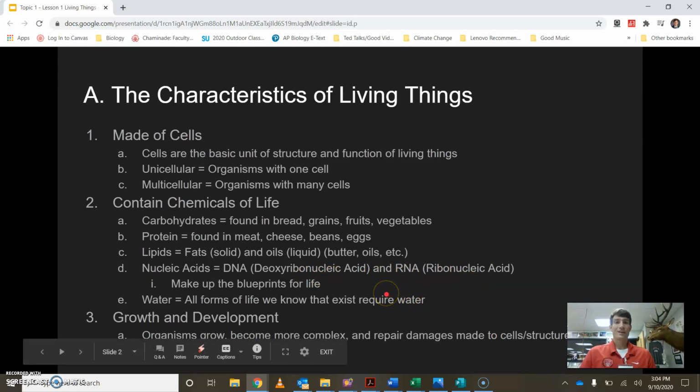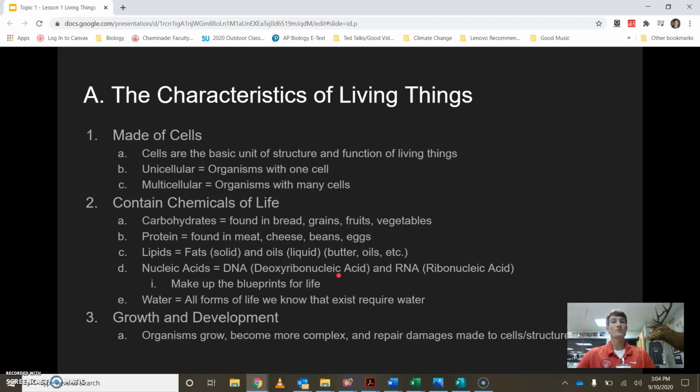Both of those have different functions that they perform in the cell, in human cells, and some organisms only have RNA or mainly use RNA. But regardless, all of these are generally considered the blueprints for life. Pretty much they're an instruction manual for how those organisms are built and what characteristics they have.